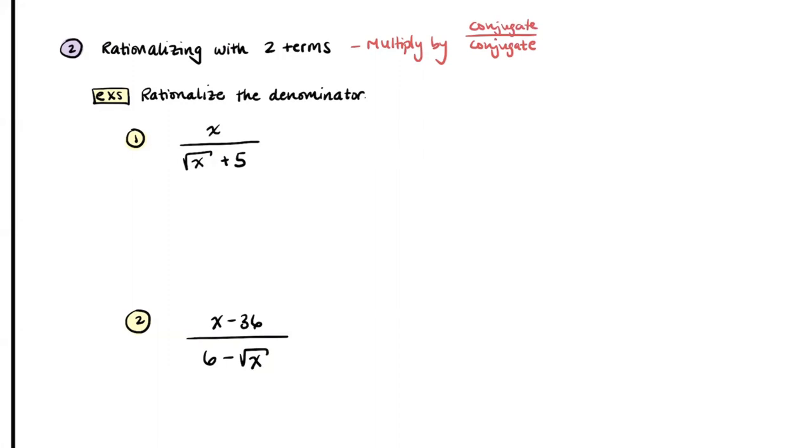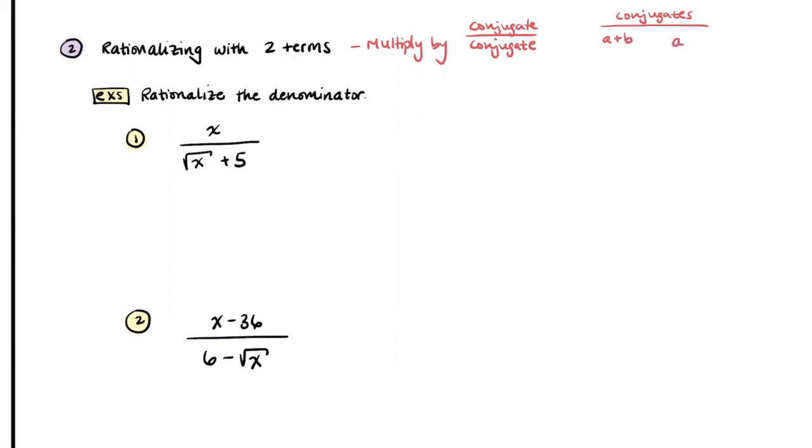So here's an example of what a conjugate is. Let's just make a little list here. Conjugates. The conjugate of A plus B, the conjugate of something plus something, you just change the sign between them.